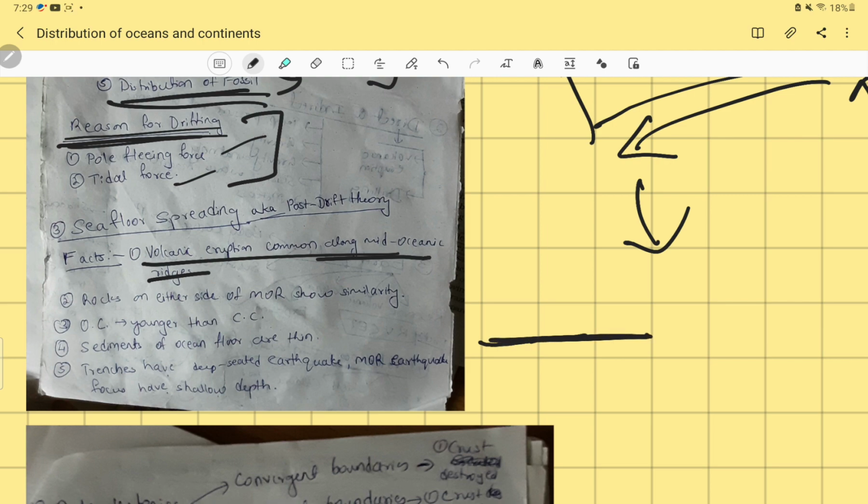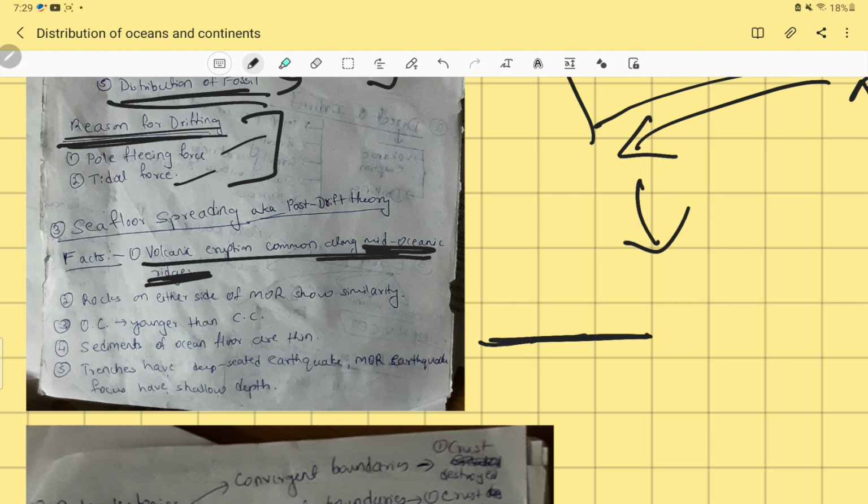So what is the reason? The volcanic eruption is common along a mid-oceanic ridge. We'll study about mid-oceanic ridges in our oceanology class, which we'll be taking in the next few classes. Just know that volcanic eruption is one of the causes of seafloor spreading.